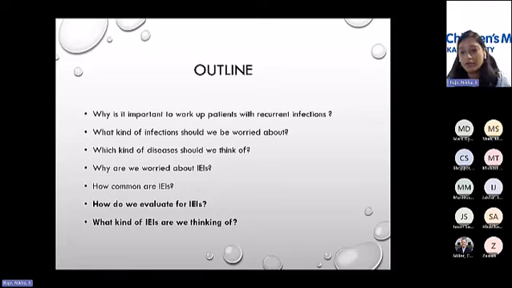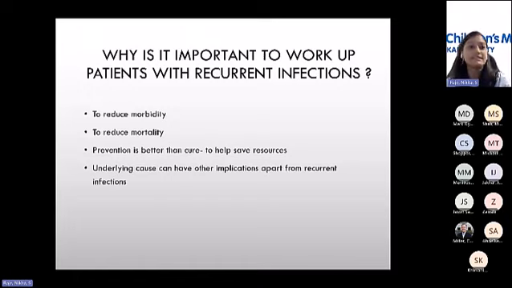So the first and foremost question is, why is it important to work up patients with recurrent infections? Could we not just go ahead and treat the infections as they occur? Understanding if there is an underlying cause leading to some of these infections can help reduce the morbidity and mortality, and improve quality of life. Also, it helps save some resources if we can prevent some of these infections.